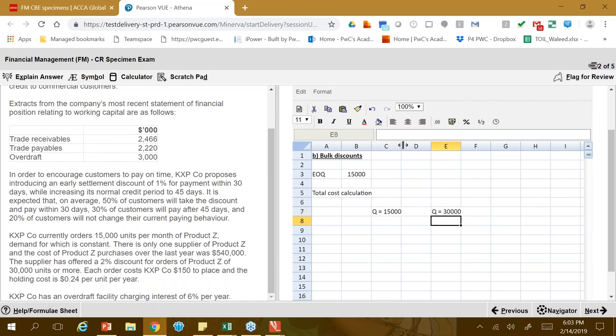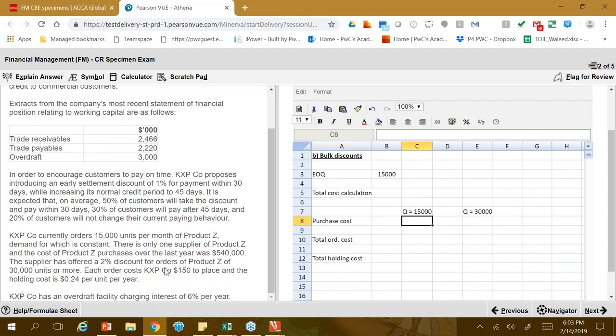We are going to work out the purchase cost, the total ordering cost, and the total holding cost. So how much was the purchase last year? It was $540,000 when they were ordering 15,000 units a month. So done.